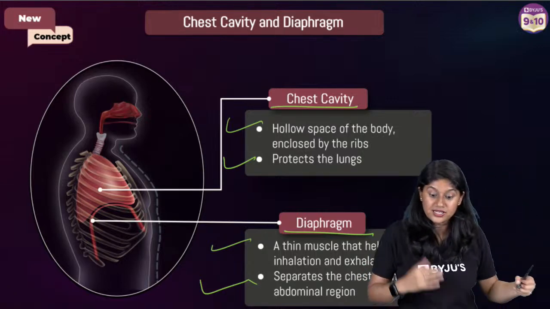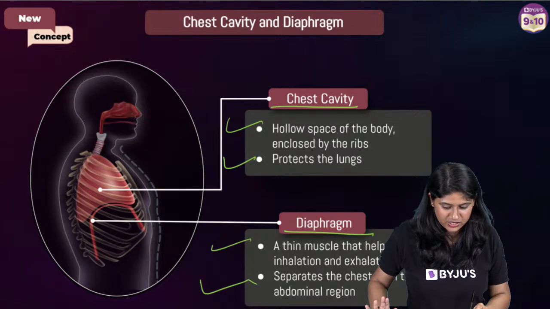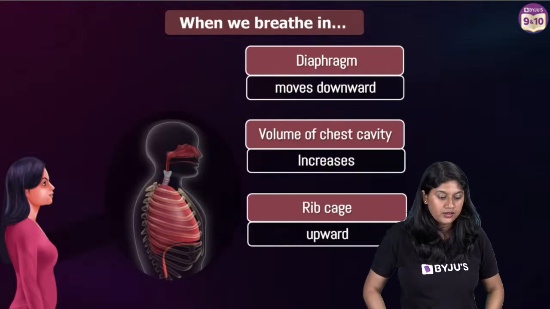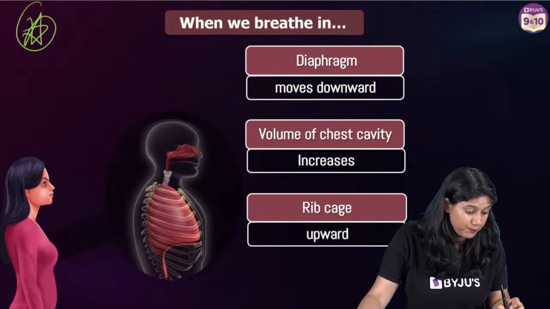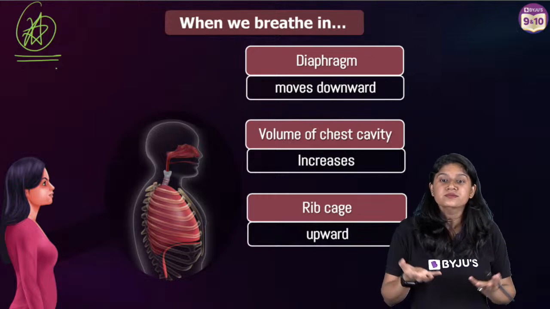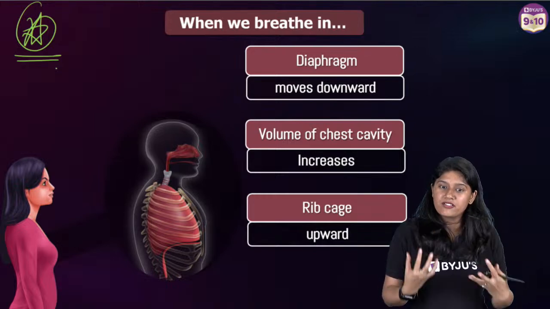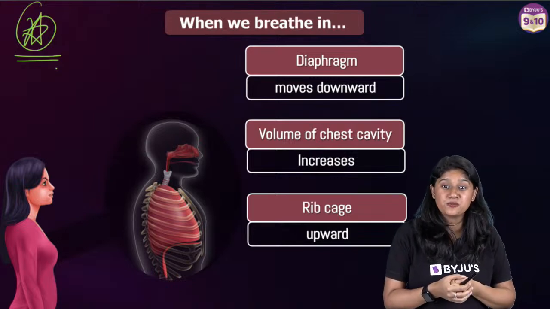Now, let's understand what is happening, everyone. Let's take a look over here. Now, this is super, super important. Everyone, now you breathe in. Breathe in, everyone. Yes, very good, Priya.